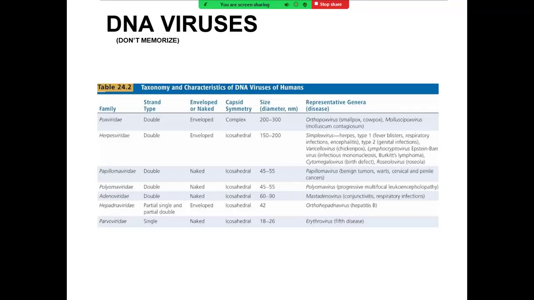This is the third and least most common cause of the human colds. Adenoviruses. Any question about any of that? All right. You don't need to memorize this table. I'm just pointing out there are 7 DNA families of human or animal viruses that cause human disease.